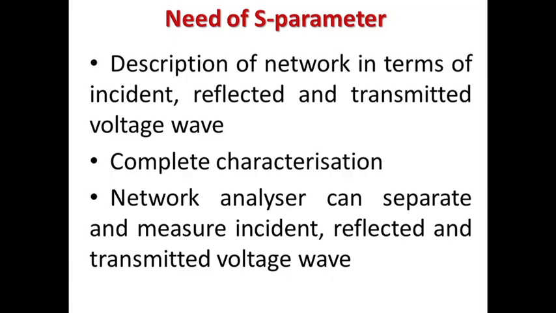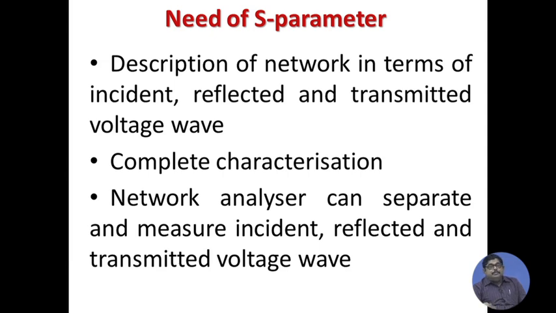Now, like Z, Y etc., this S parameter also completely characterizes a microwave network, and there is an instrument based on the component directional coupler, called the network analyzer, that can separate and measure incident, reflected and transmitted voltage waves. We will see this network analyzer instrument in one of the lectures this week.